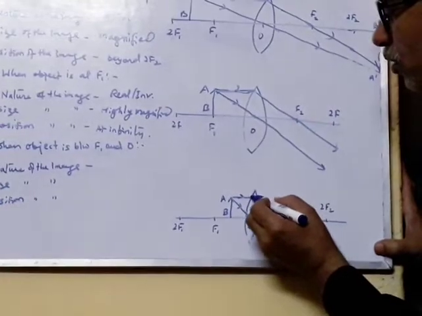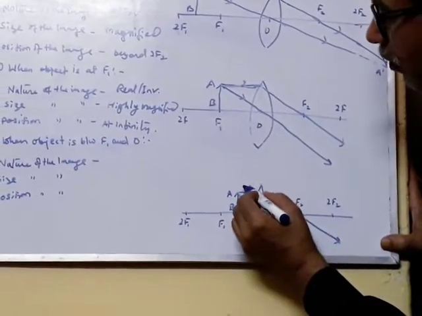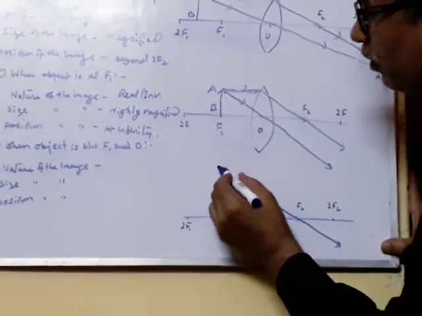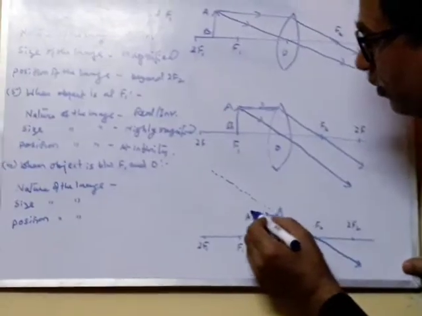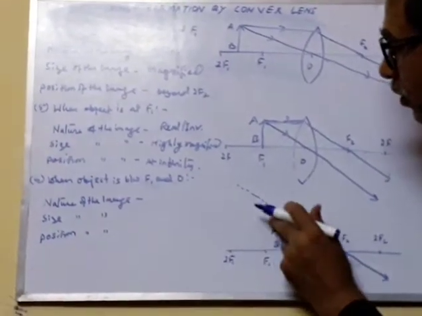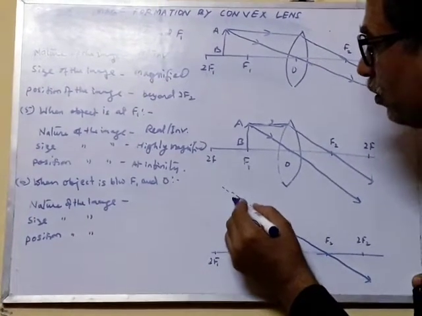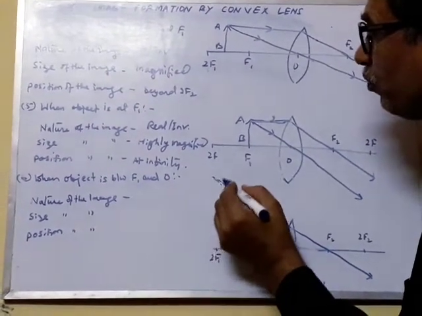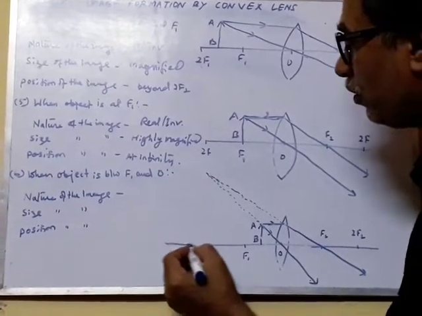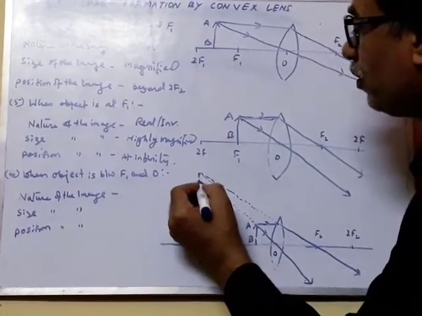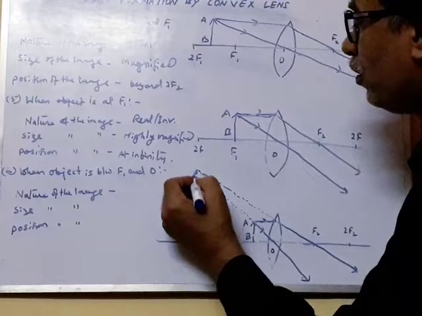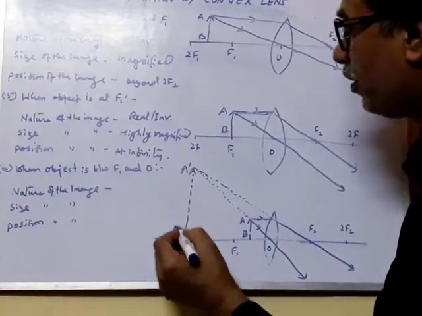So now trace them back with the help of a ruler. Then you will see that the final virtual image is formed here, A dash B dash.